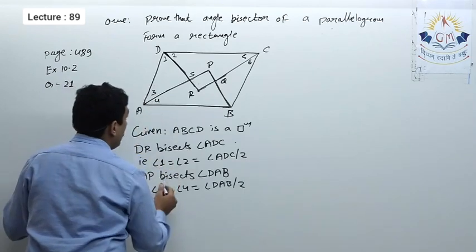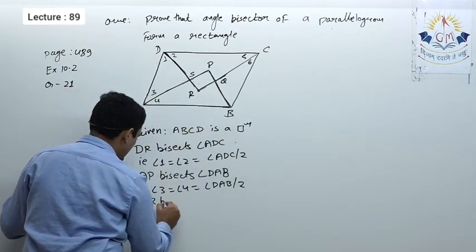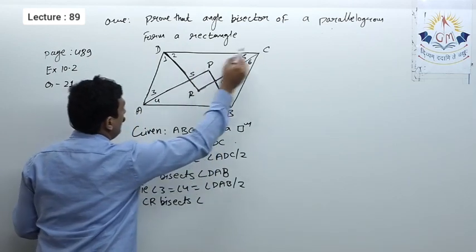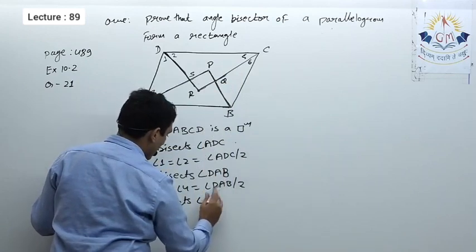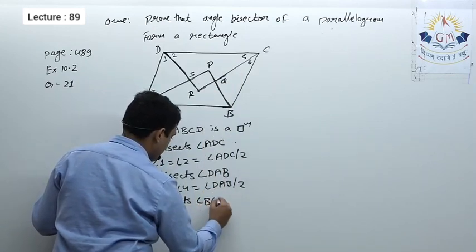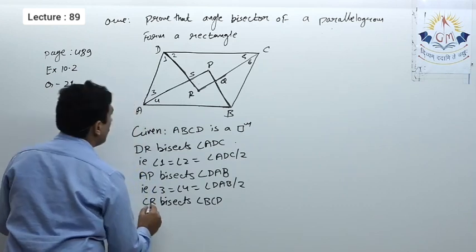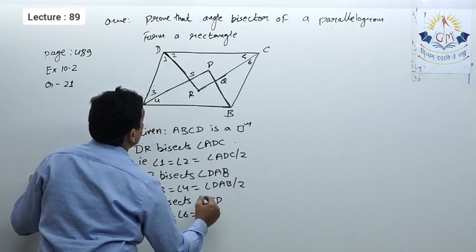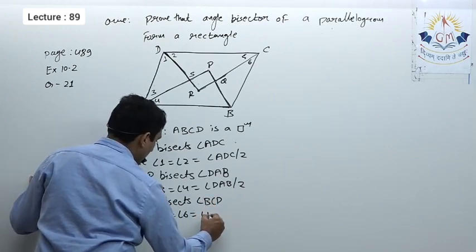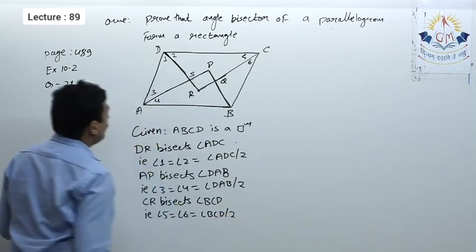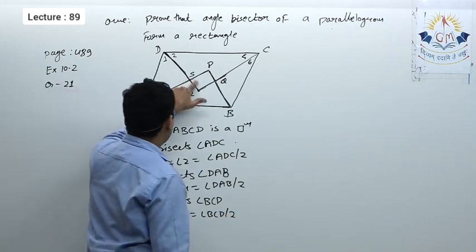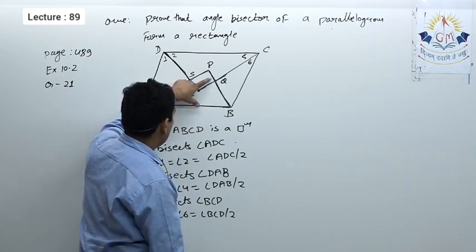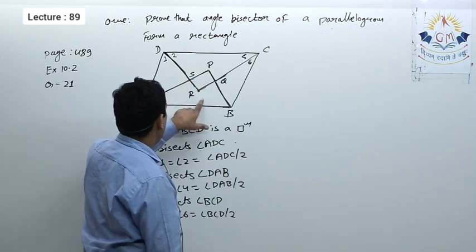Next, CR bisects angle BCD, therefore angle 5 is equal to angle 6 is equal to angle BCD by 2. So this will become 90, this will be 90, and this will be 90.